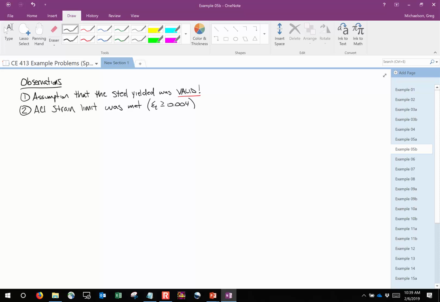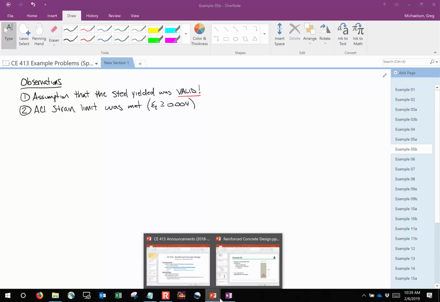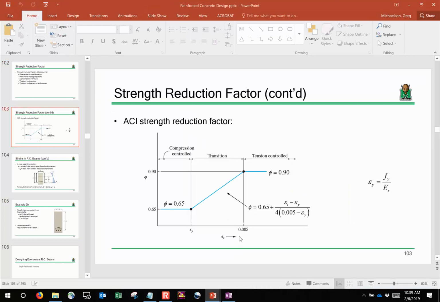What is the third observation that I can make? Let's go back to tension controlled versus compression controlled. I will help you out with that observation by pulling this up. What observation can we make about the beam by looking at that? Is it a transition beam? Is it compression controlled?